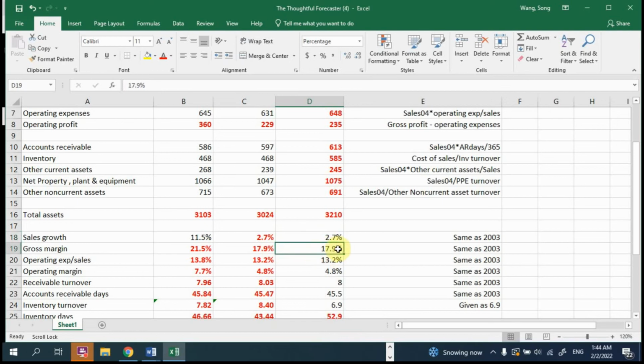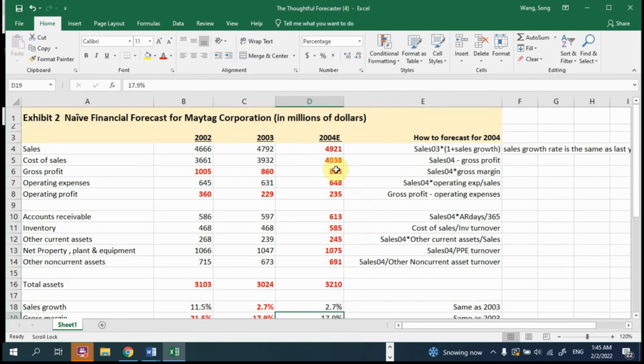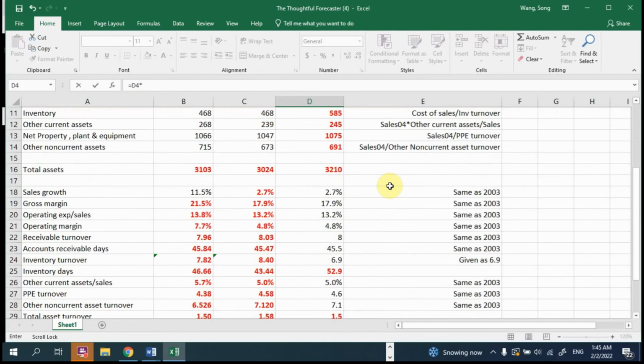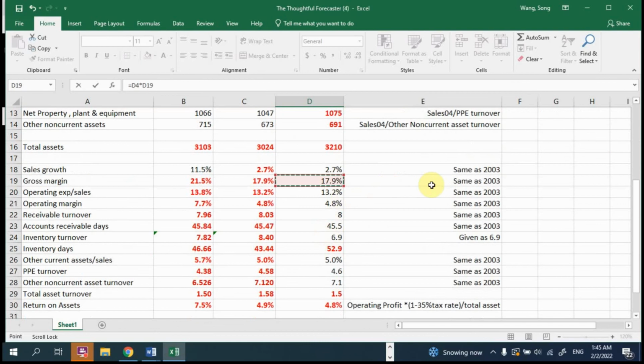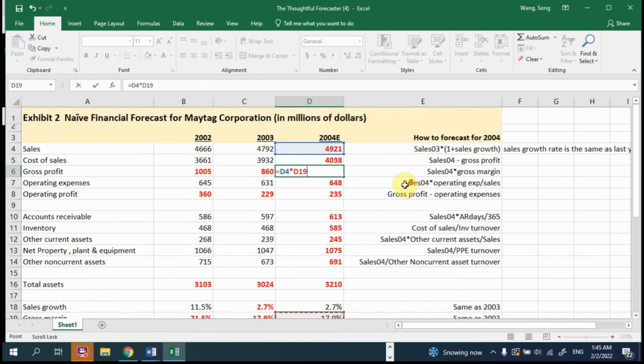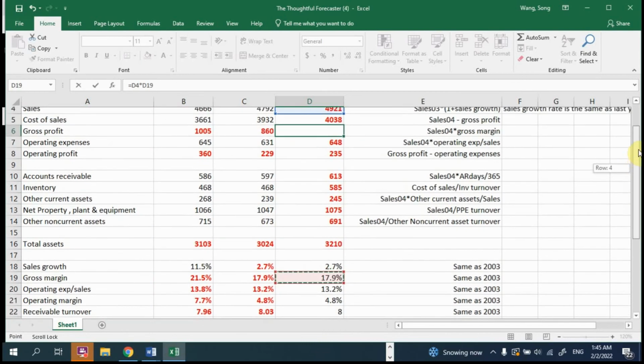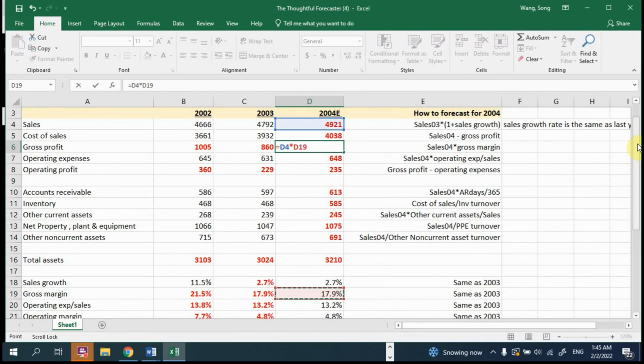You will see the 17.9%. So now we know how to calculate the gross profit based on this given rate. When we calculate the gross profit here, it is the sales in the new year multiplied by the gross margin, and this is the hint I have provided to you, times this 17.9%. Then I hit enter.